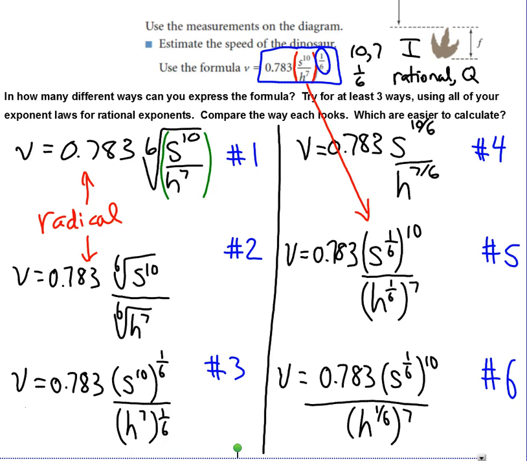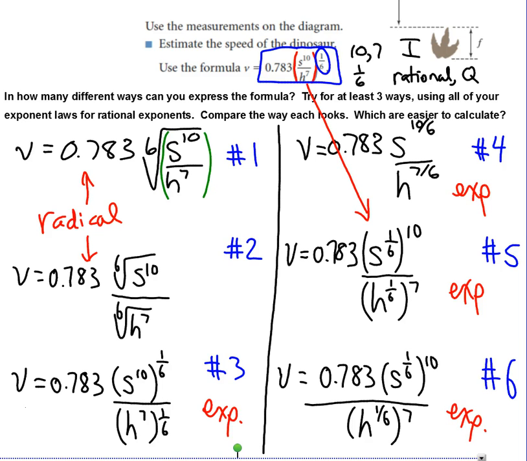If we wanted exclusively to use an exponent button, I would say versions 3, 4, 5, and 6 really all use simply the exponent button. And I would say, other than that, there's not a whole lot of difference between them.